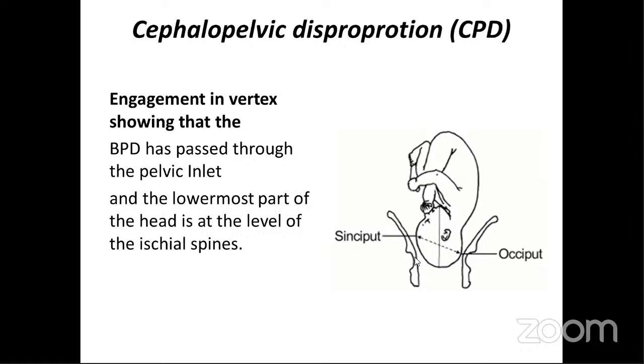When there is a CPD at the inlet of the pelvis, then the engagement will not occur. So non-engagement of the head, especially at the beginning of labor or even otherwise, indicates that there could be a CPD in such a patient, and we have to reassess it more properly. So this is about the CPD at the inlet.